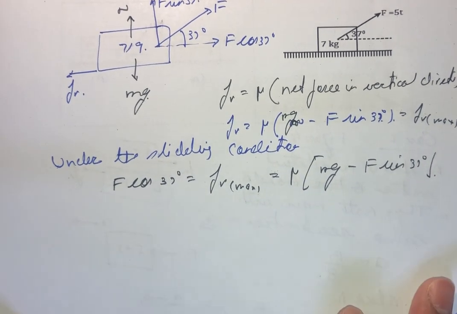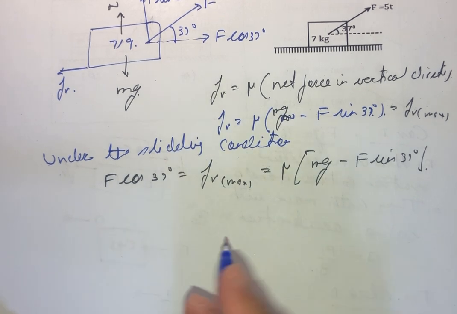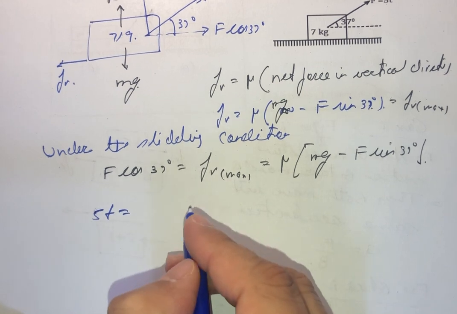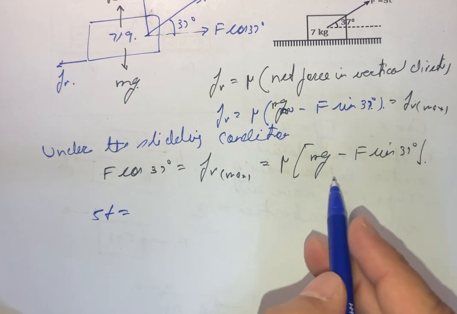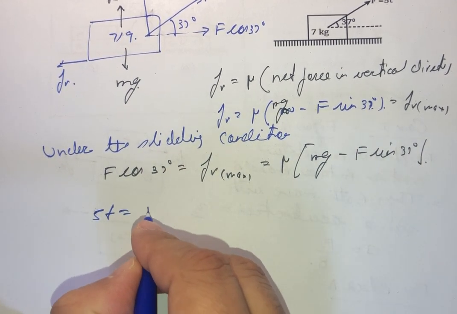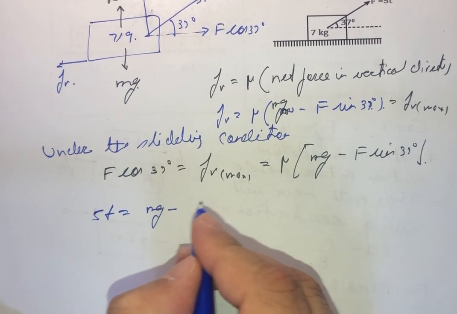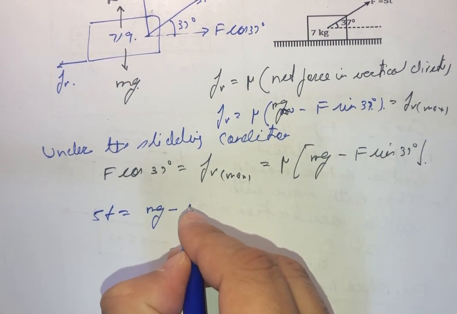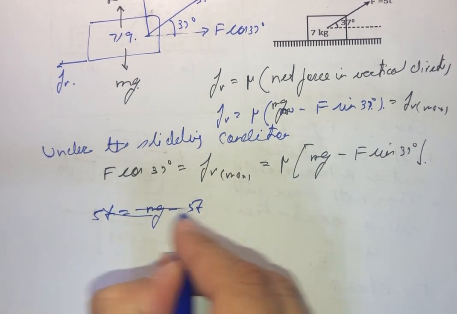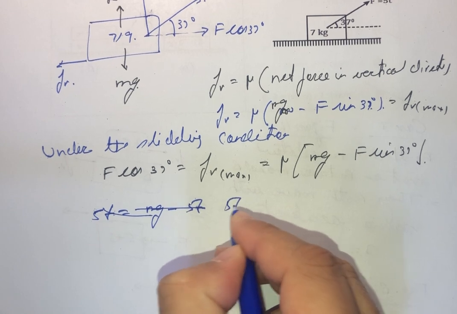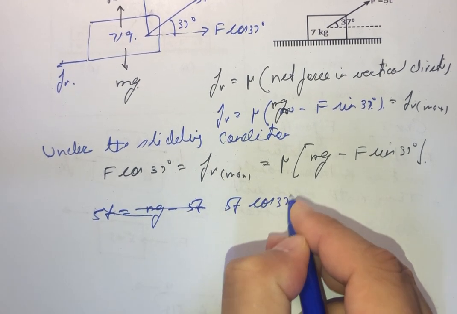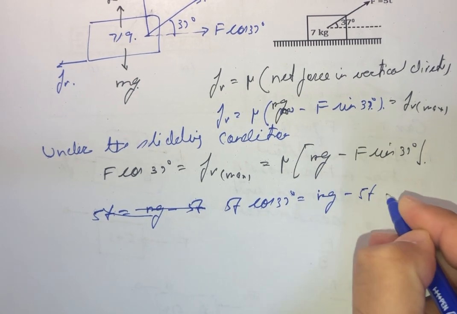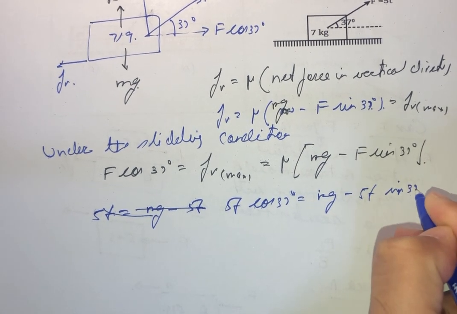The force is given as 5t. So 5t cos of 37 is equal to mu, which is given as 1, times mg minus 5t sine of 37 degrees.